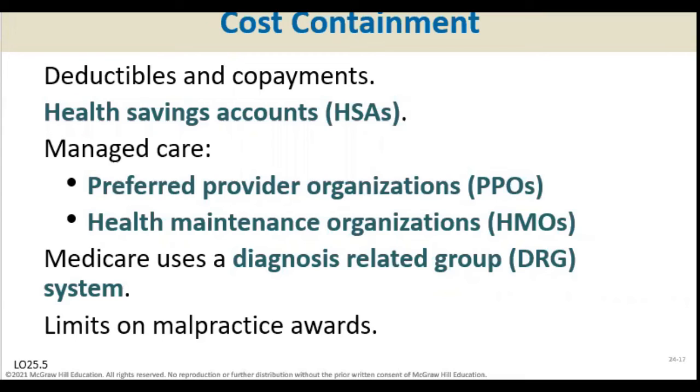Medicare uses a diagnosis-related group, a DRG system, which means that a hospital receives a fixed payment for treatment of each patient rather than being paid all costs related to the patient.